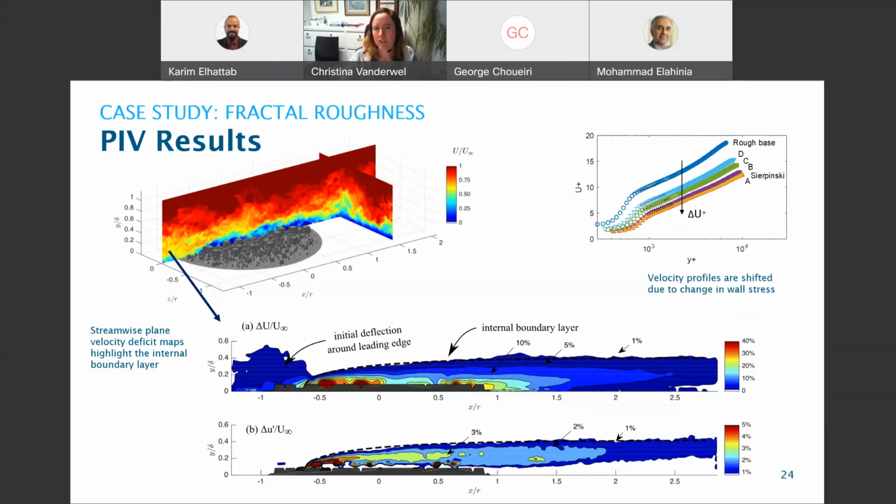So this shift in the log law coefficient is directly related to the drag that we measured in the city. It's due to the change in wall stress, essentially. So that's great. We confirm this, and we also confirmed again that the organized arrangement is an outlier when you line these up.